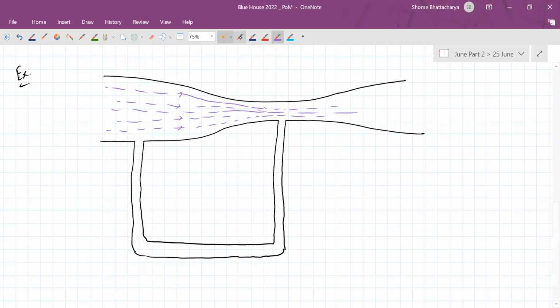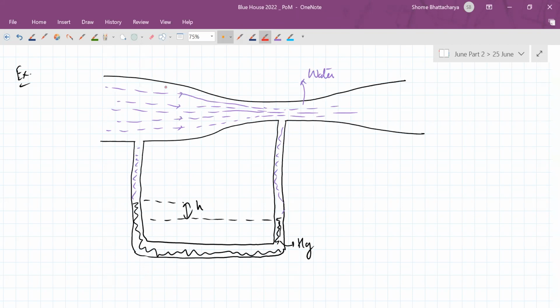Let's say liquid is flowing like this, and also the U-tube has mercury in it at the bottom. Let's say this is water. Because this here is mercury, and this height difference is measured to be h.